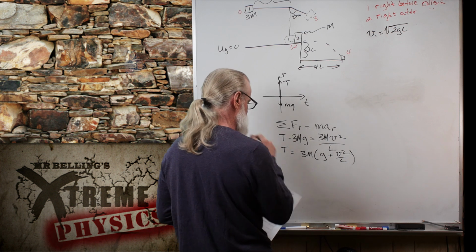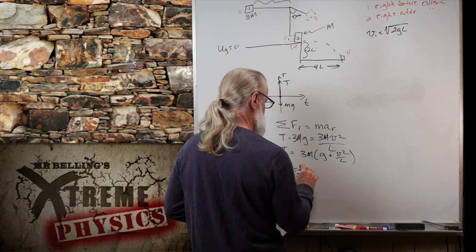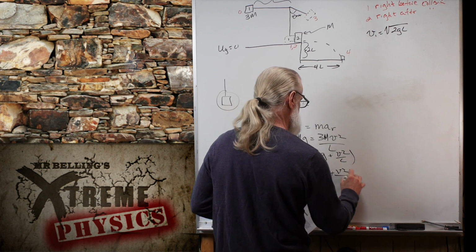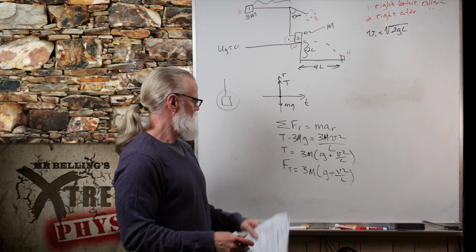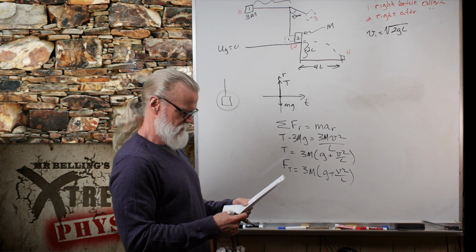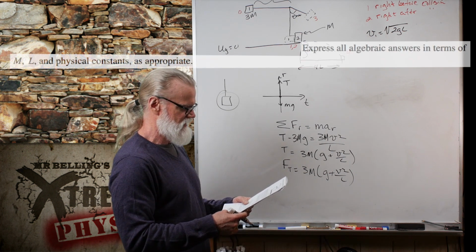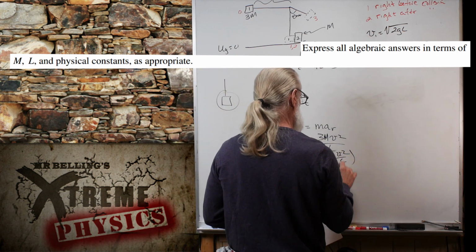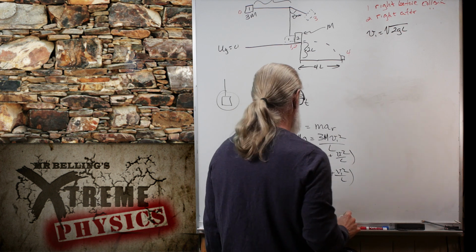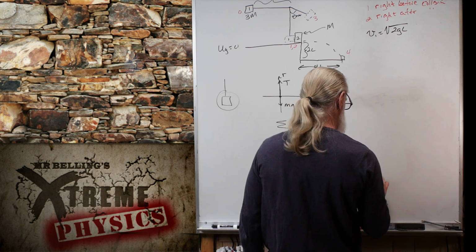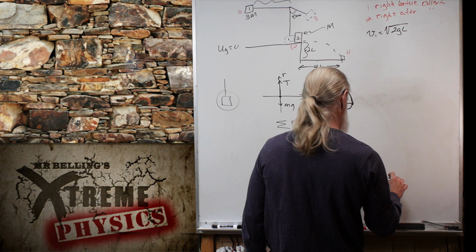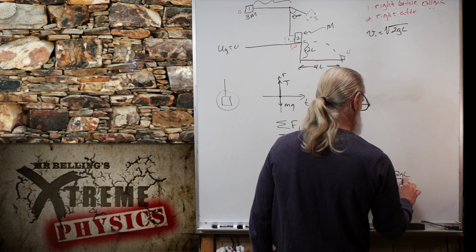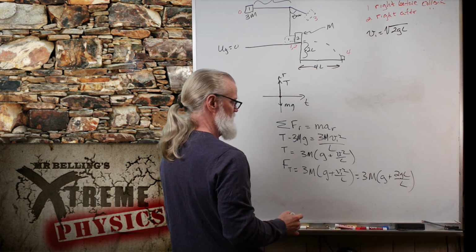Since they're calling it F of T, I would put it in the terms that they wanted. F of T. And let's see. I don't think V's allowed, is it? V's not allowed, but luckily we got it. That's V1. So let's go 3mg plus 3m V1 squared, which would be 2gL, divided by L. Right?